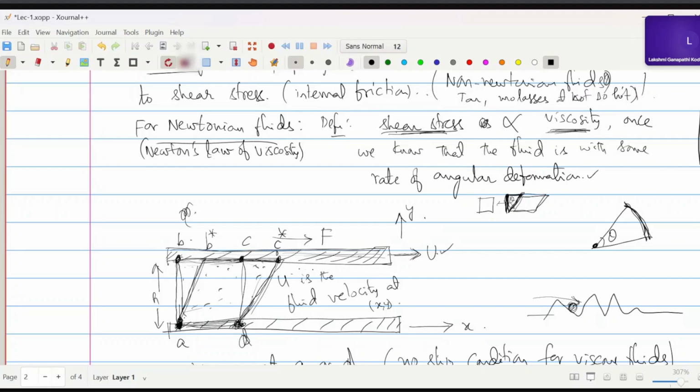Here, the rate at which the deformation happens is the velocity changing. Here it is 0, and here it is capital U. Velocity means deformation divided by time. That's why we say rate of angular deformation.